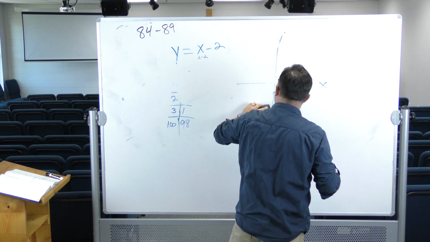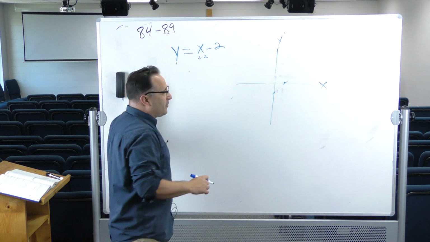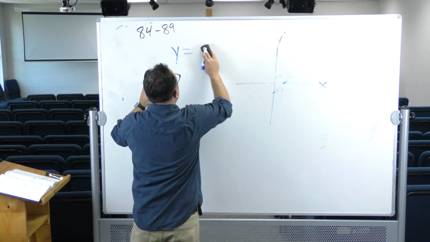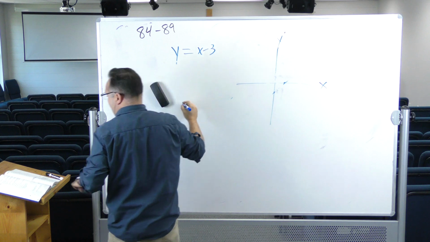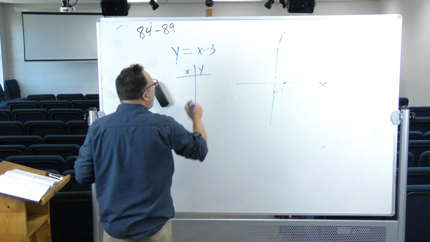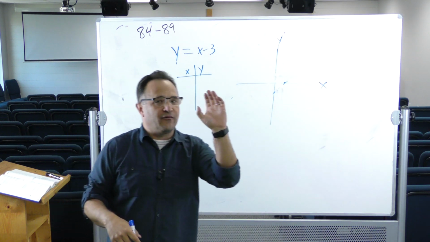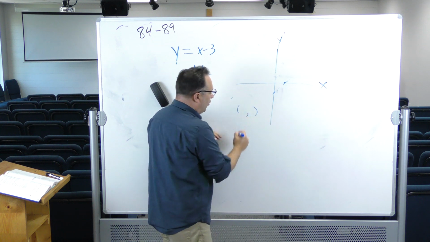So why don't you press pause? Let me tell you what to do before you press pause. Write down the practice, which is y equals x minus 3. And then you're going to make a little graph like this. Always do x first and then y, because x is the first one that you plot in the parentheses you've learned before, x and y.